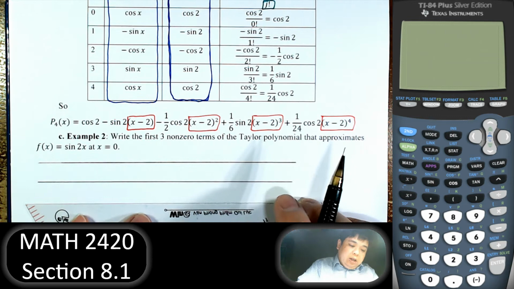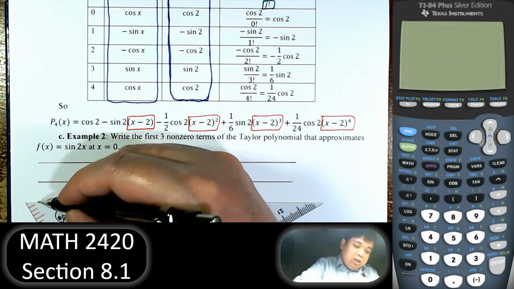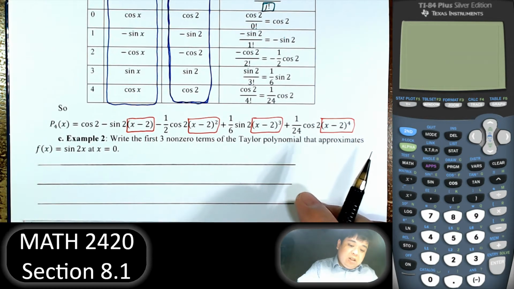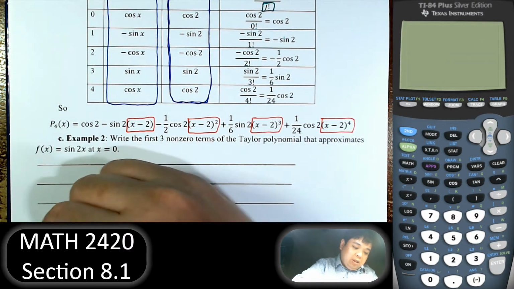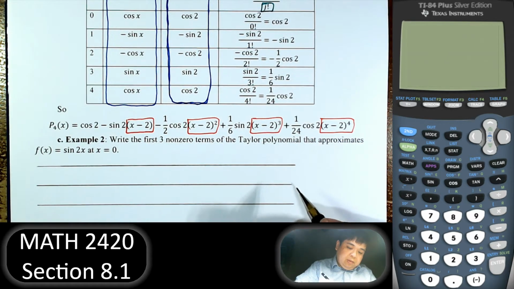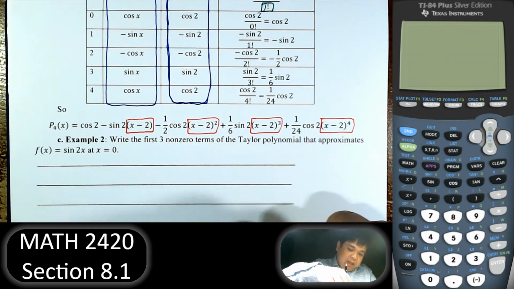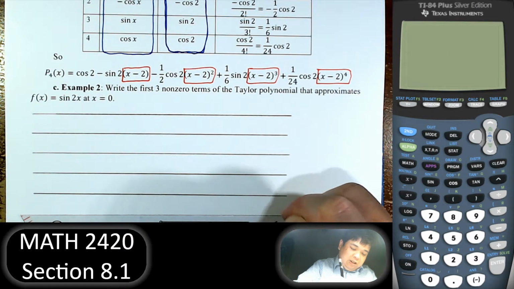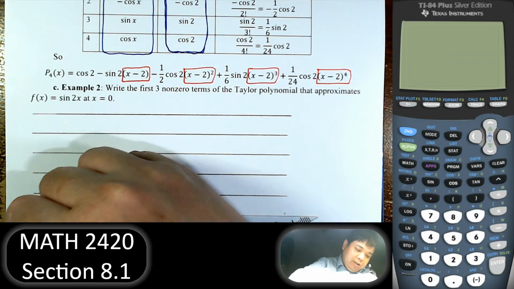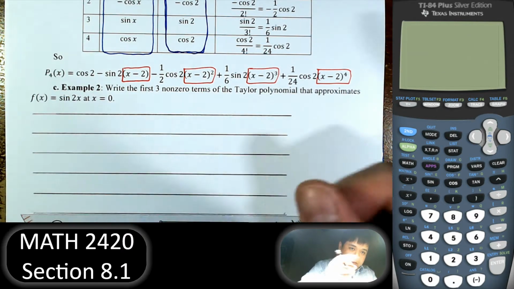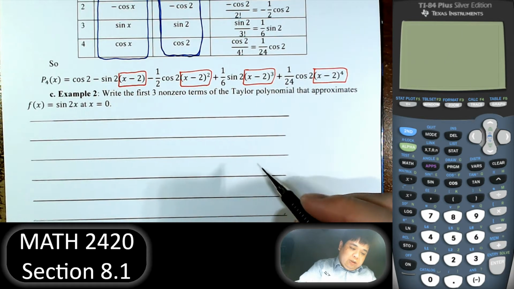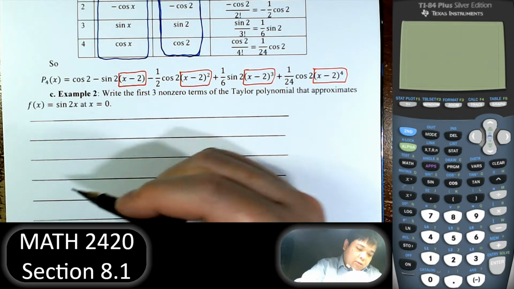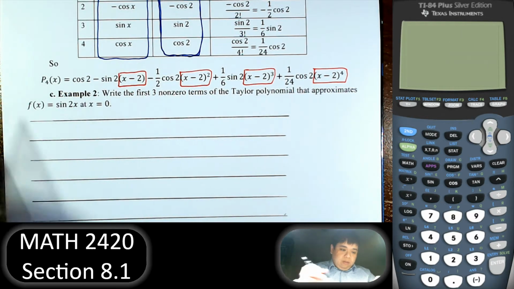So it might be more than the first 3 terms. The terms could be equal to 0, but what we want here is the first 3 non-zero terms. I should have the table there already.